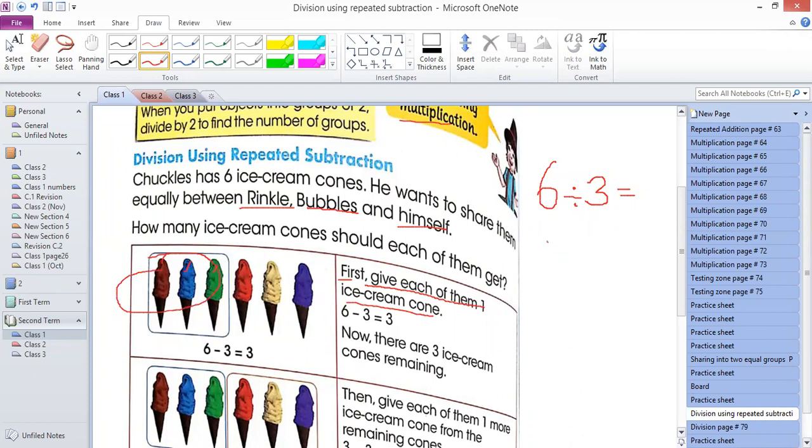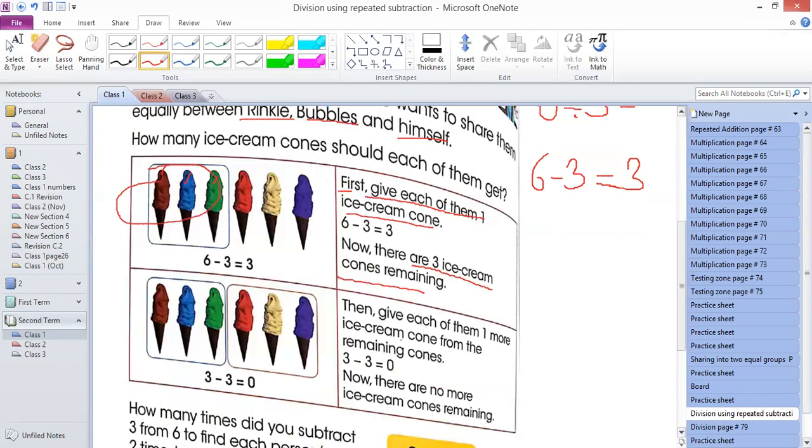So subtract 3 from 6. 6 minus 3 will be 3. Now there are 3 ice cream cones remaining.